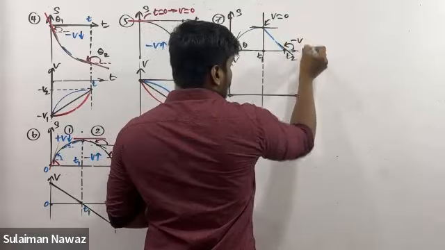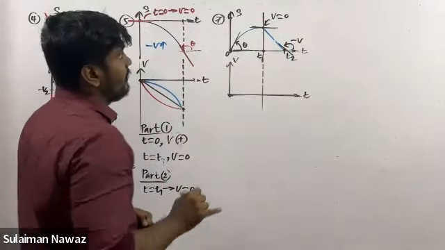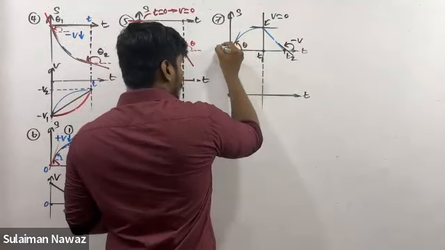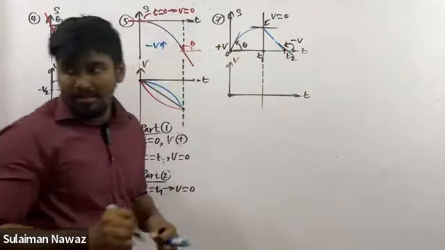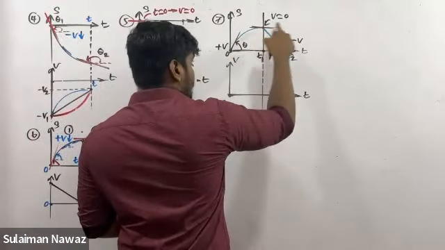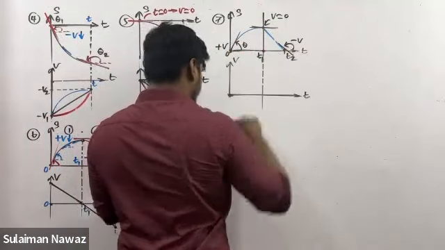That means negative velocity. When the time is 0, acute angle, therefore positive velocity initially. At t1, zero velocity. At t2, negative velocity.